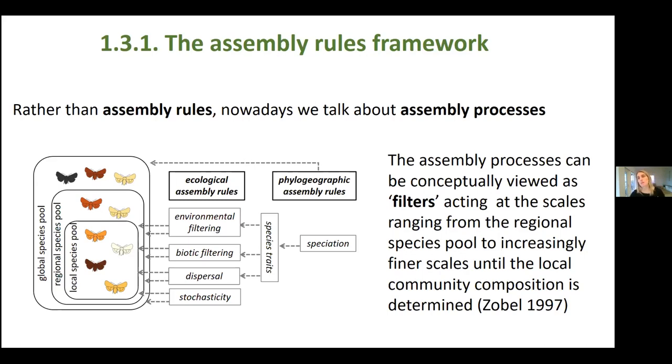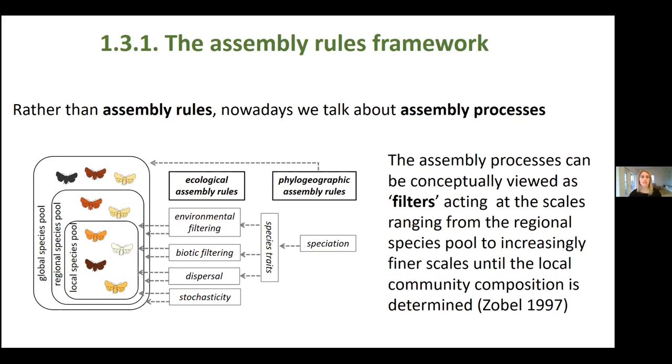If we use the term assembly processes, this term is more flexible, and it also allows us to consider that processes are more dynamic than rules.